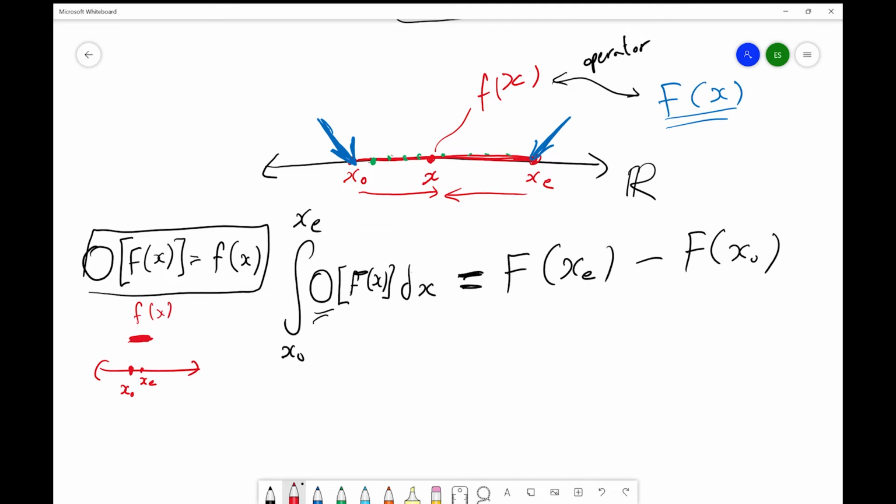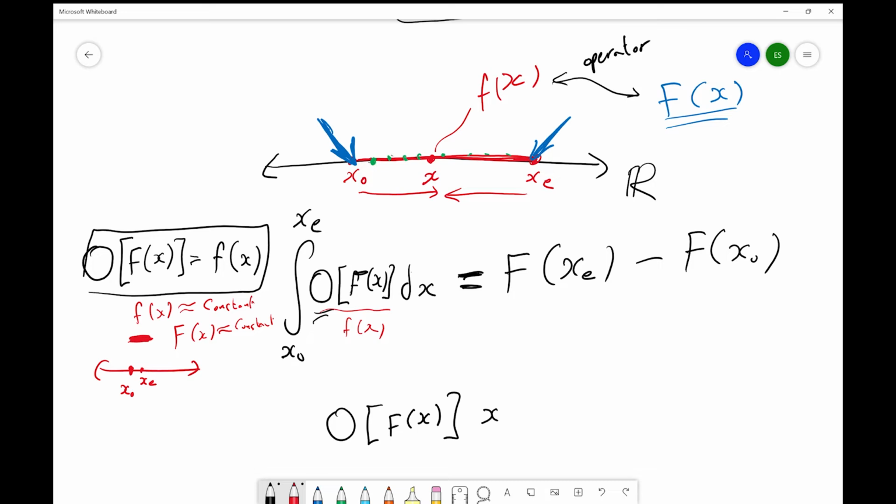So f(x) is approximately going to be constant. F capital X is approximately going to be constant over the small interval. If we have a constant function, so this is small f(x), right? If we had a constant function, we can always take it out of the integral. So we end up with O f(x), right? Integral of dx from x0 to xe.